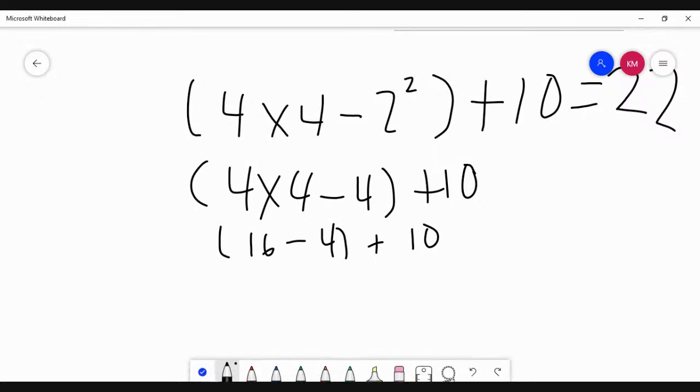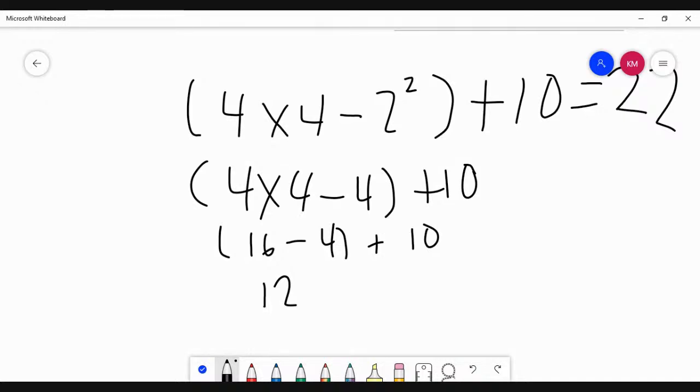Next up, we have 16 minus 4, which is 12.